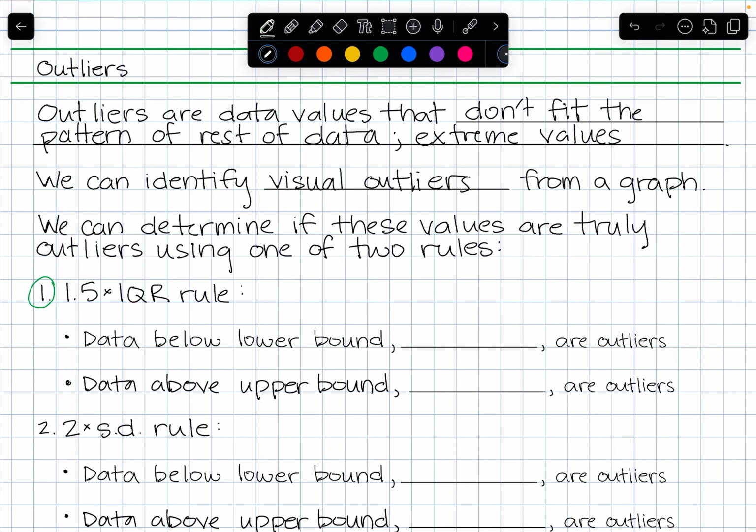So for the 1.5 IQR rule, we're going to calculate our lower and upper bounds by taking the first quartile and subtracting 1.5 times the IQR. And to find an upper bound, I'm going to take the third quartile and add 1.5 times the IQR. Data values that are below the lower bound are outliers. Data values that are above the upper bound are outliers.